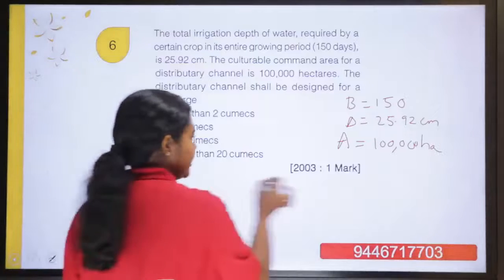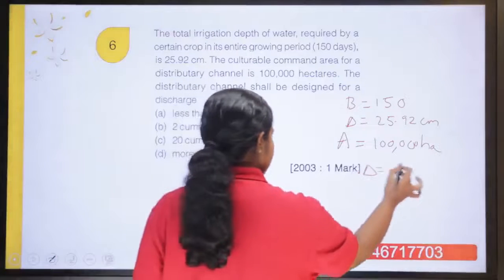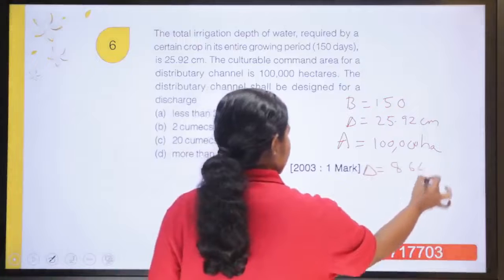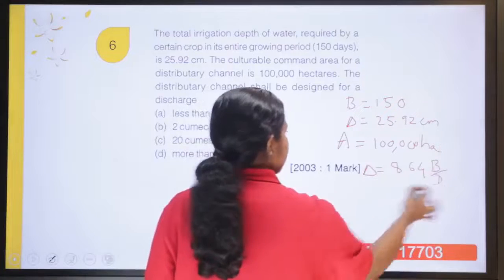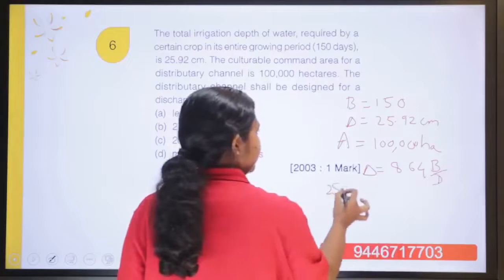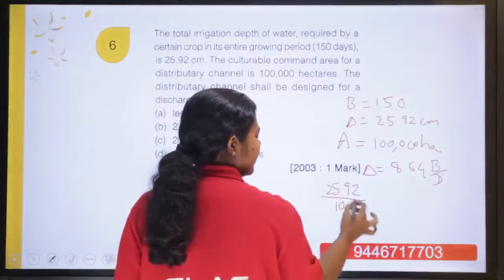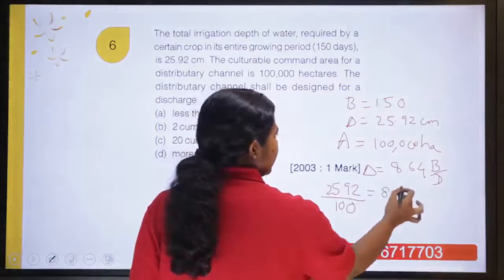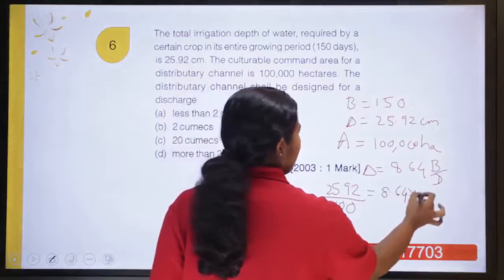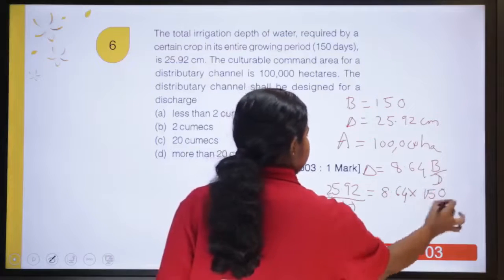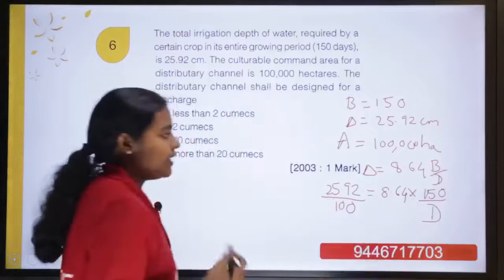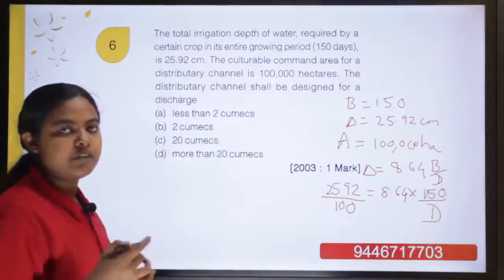Now we know that delta is equal to 8.64 B by D. Here delta is 25.92 in centimeter. In meter it will be divided by 100, which is equal to 8.64 into B, which is 150, divided by D. So from there we will get the value of duty.